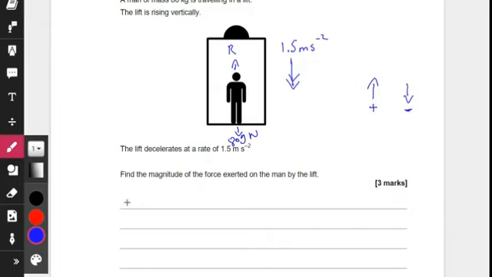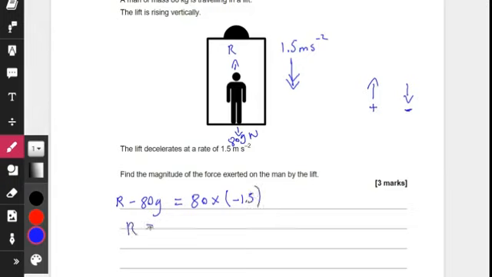So the resultant force is going to be R minus 80g, and that equals mass times acceleration, which is minus 1.5.